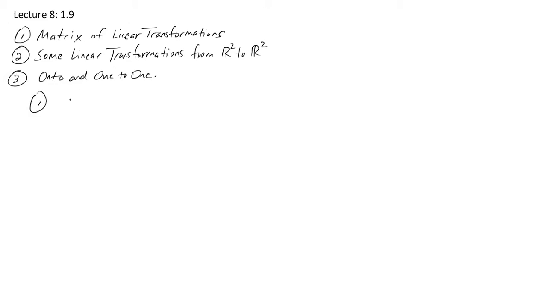So I want to start with a really cool fact. It turns out all linear transformations can be written as a matrix transformation, provided those linear transformations are from Rn to Rm.